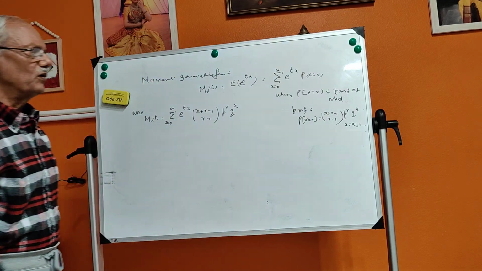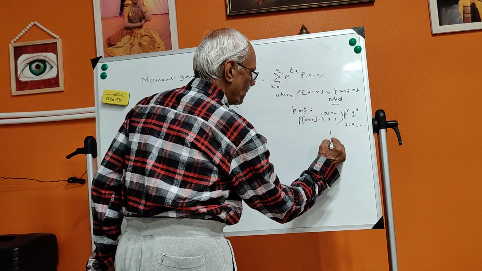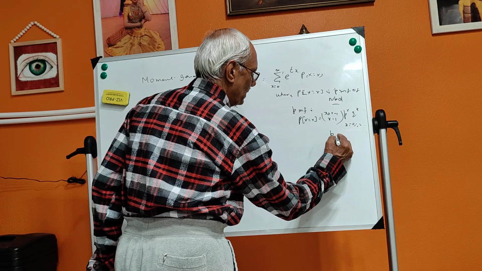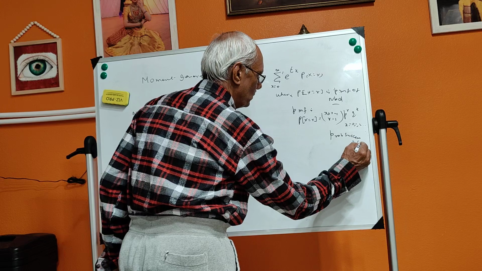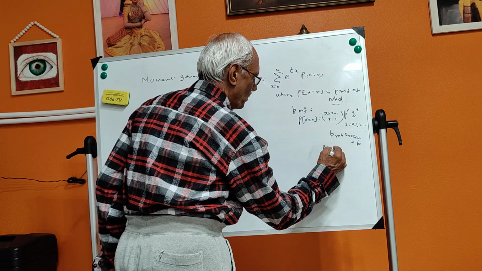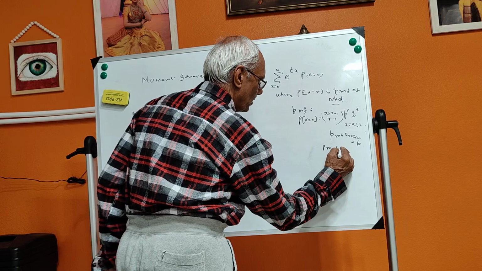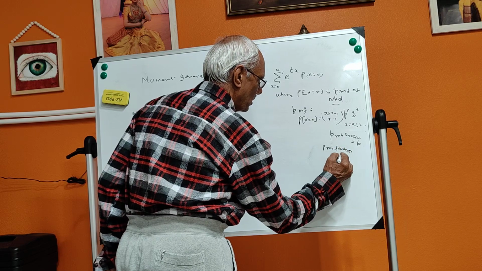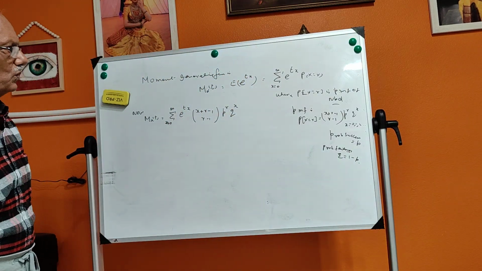So this is the probability mass function of a negative binomial distribution, where the probability of success is p, the probability of failure is q is equal to 1 minus p, or p plus q is equal to 1.